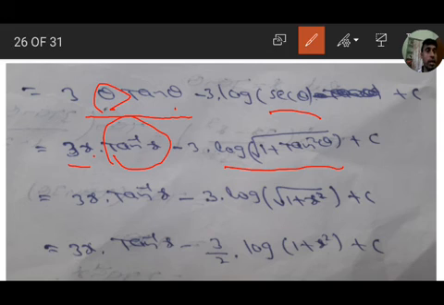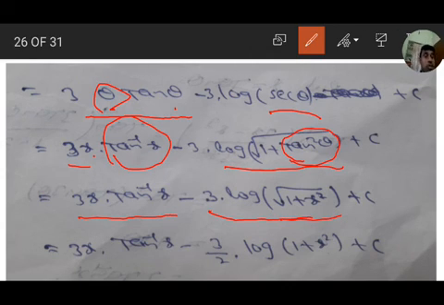Sec theta can be written as square root of 1 plus tan square theta. 1 plus tan square theta means sec square theta, square root cancels, sec theta will come. So 3x into tan inverse x minus 3 into log of square root of 1 plus x square.